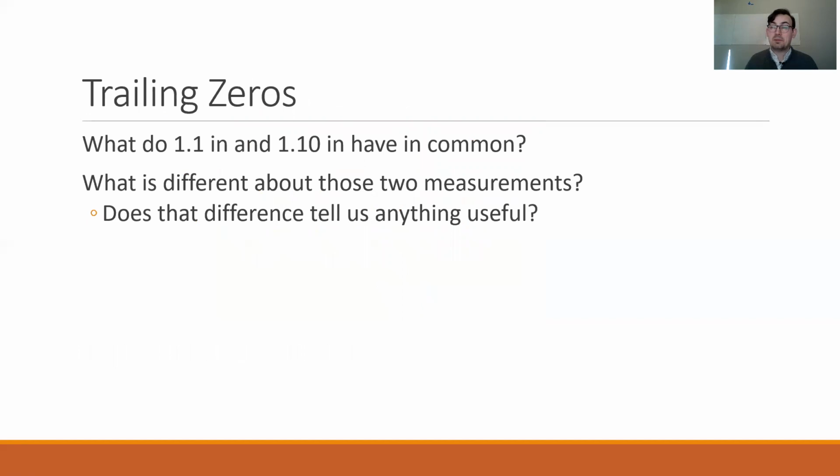This is a really important thing to think about, especially as we start doing precision work as welders and mechanics and even aviation mechanics. It's especially important for aviation because the tolerances sometimes are much, much tighter. What do 1.1 inch and 1.10 inches have in common? A lot of students say, well, this 0 doesn't mean anything. That's somewhat true.